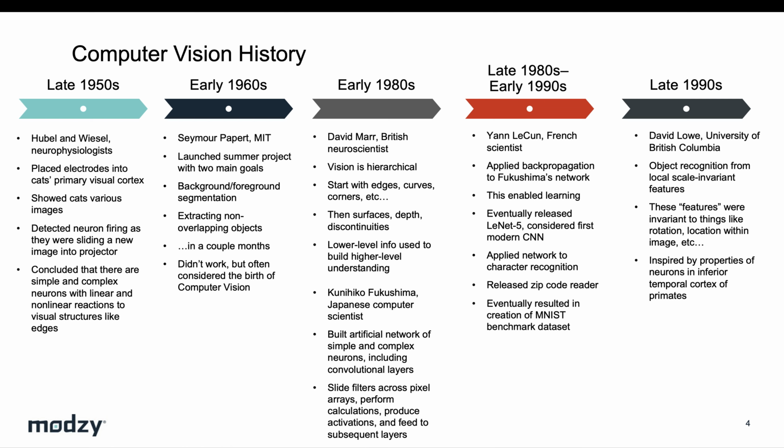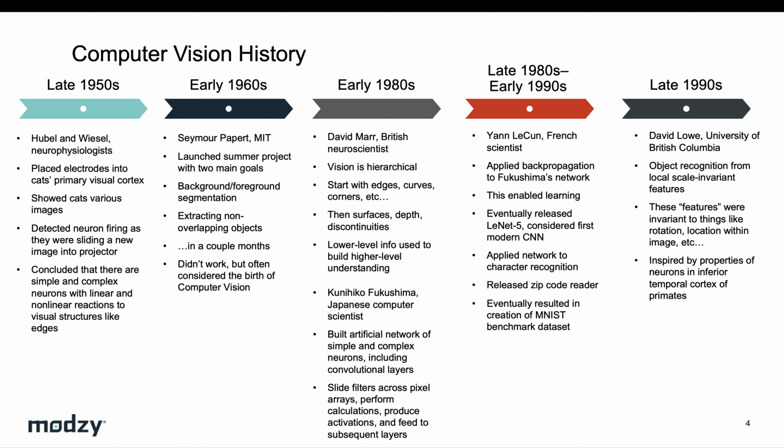So in the 1990s, David Lowe from the University of British Columbia came up with this concept of features. He published a paper called Object Recognition from Local Scale Invariant Features.